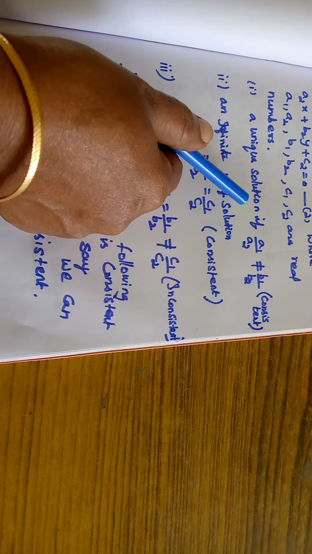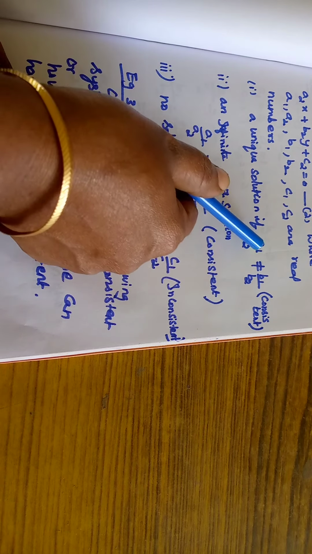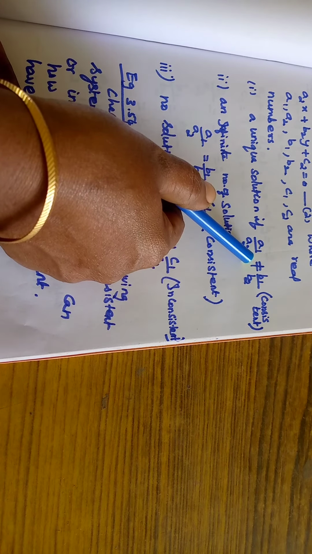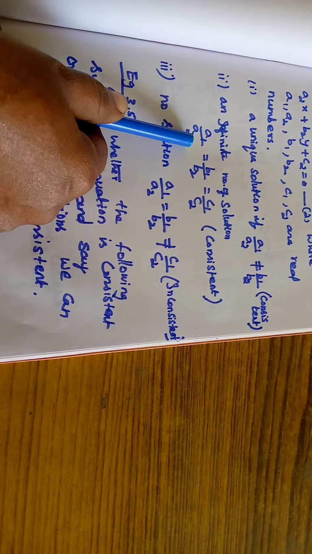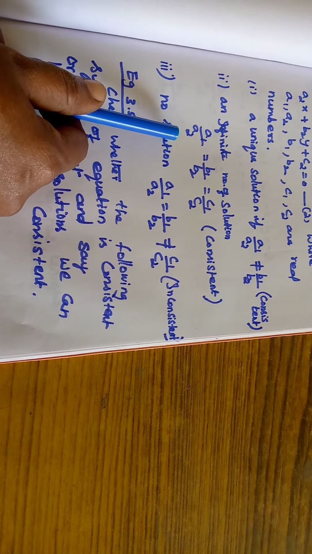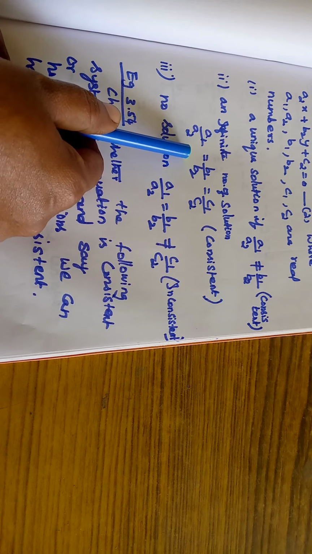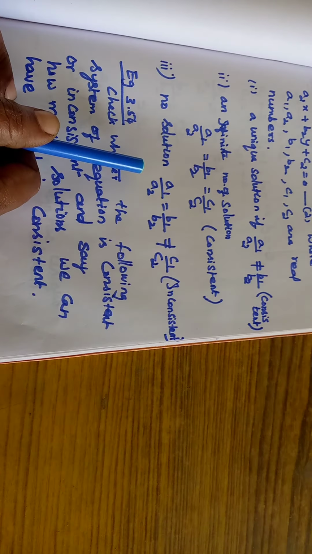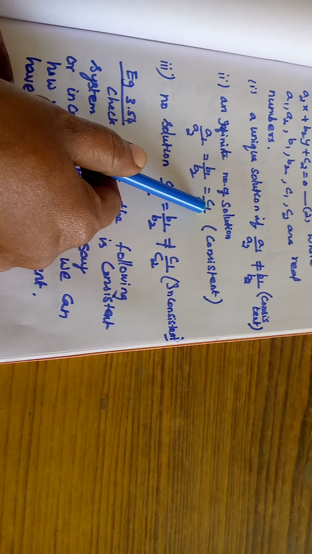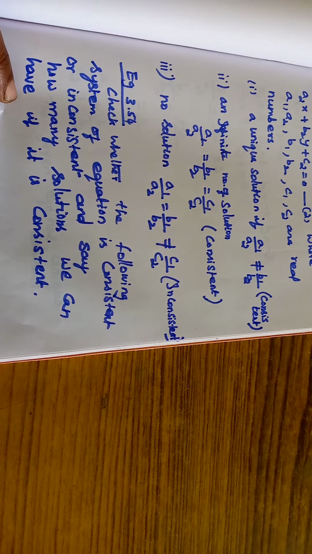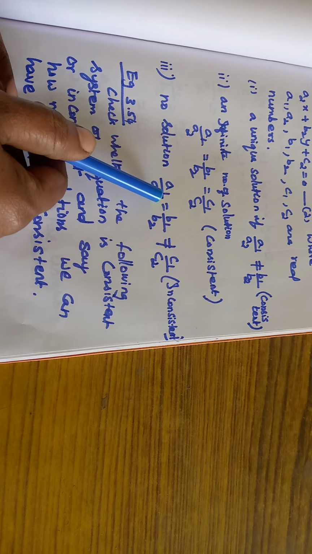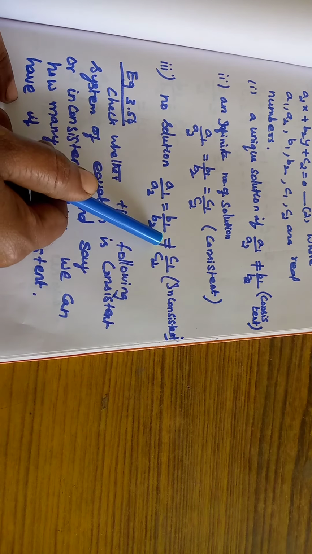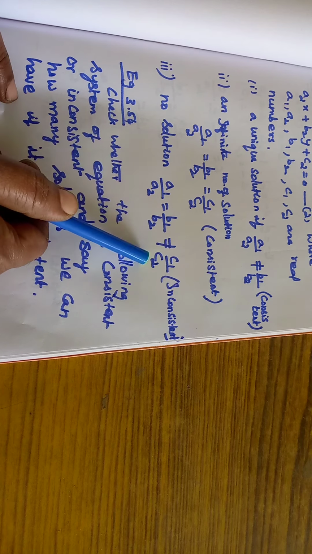For unique solution, what is the condition? a1 by a2 is not equal to b1 by b2. For an infinite number of solutions, what is the condition? a1 by a2 is equal to b1 by b2 is equal to c1 by c2. For no solution, what is the condition? a1 by a2 is equal to b1 by b2 is not equal to c1 by c2.